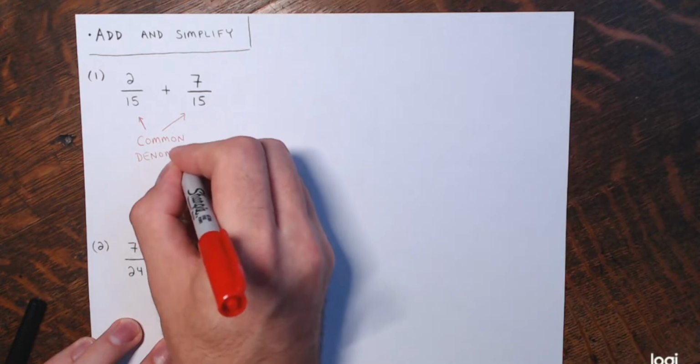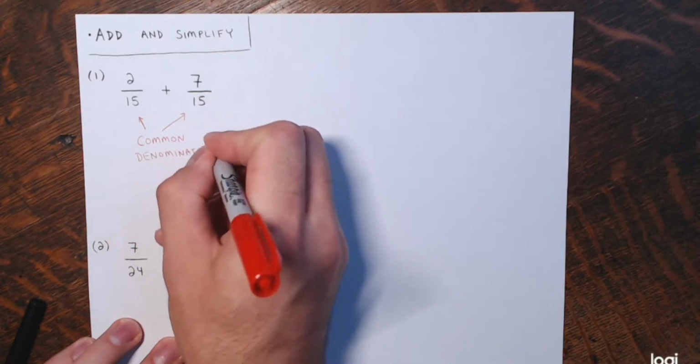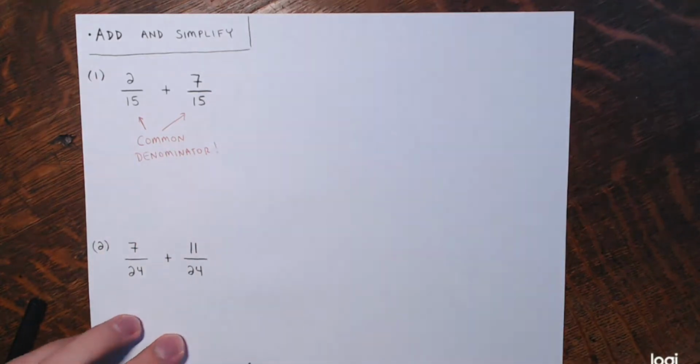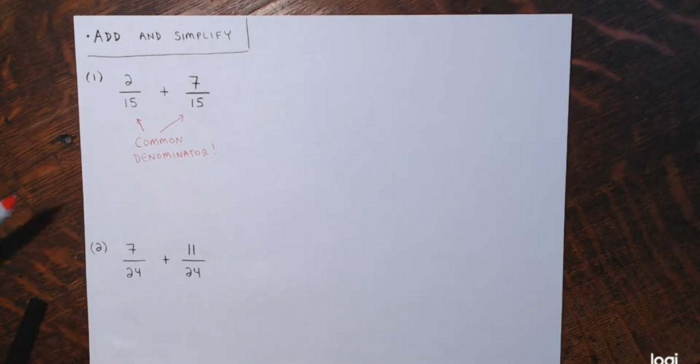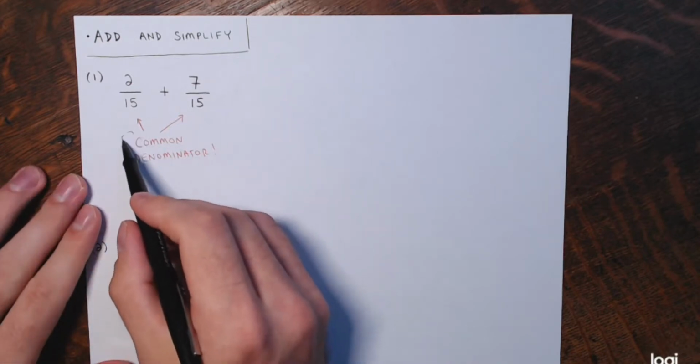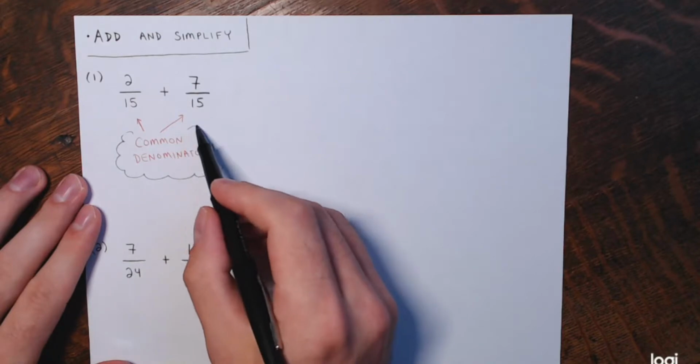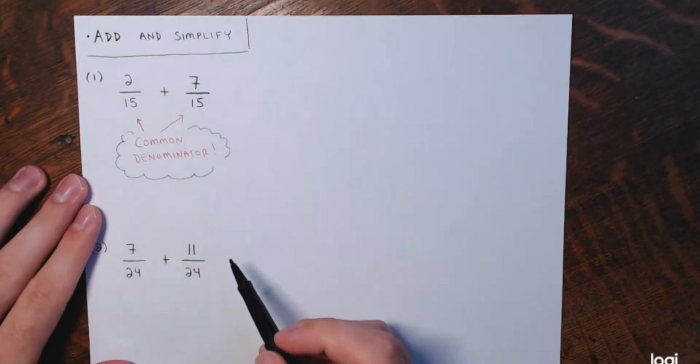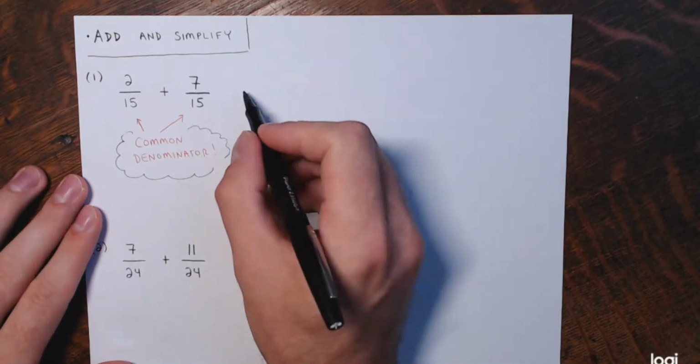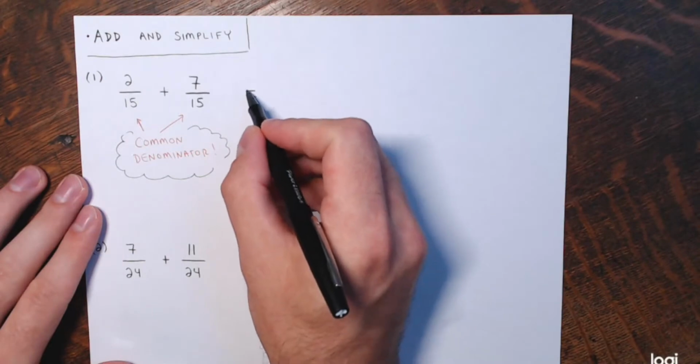That is needed in order to be able to add or subtract fractions, not multiply or divide. You don't need a common denominator to multiply or divide fractions. You only need a common denominator to add or subtract, which we are doing here in this video.